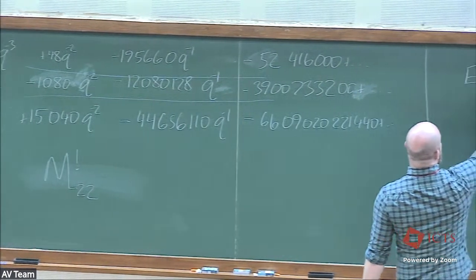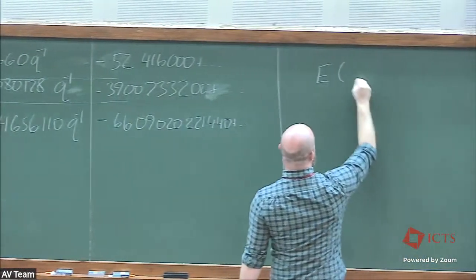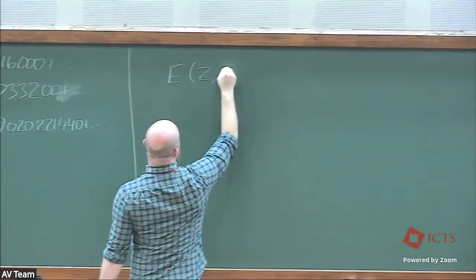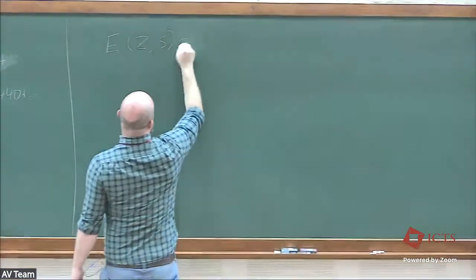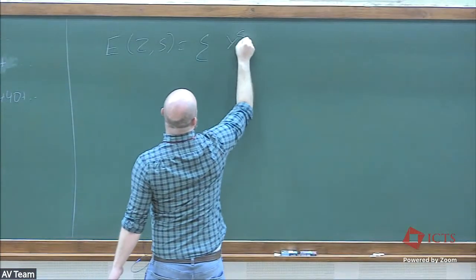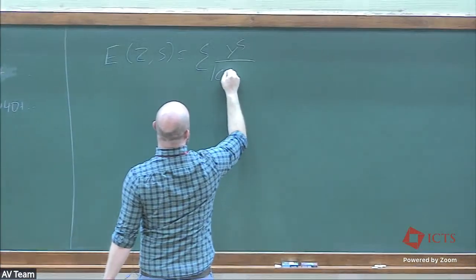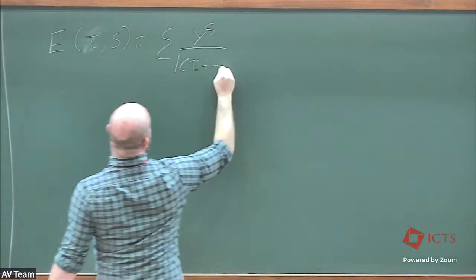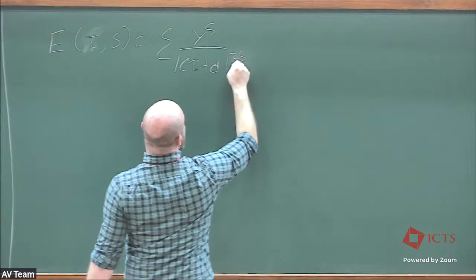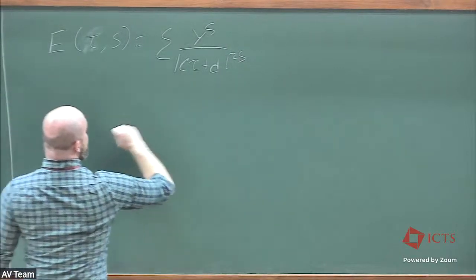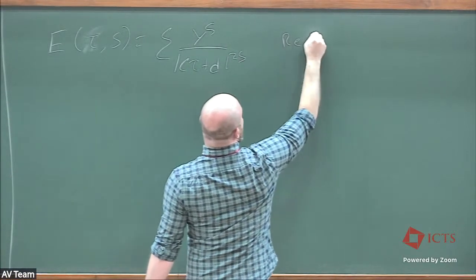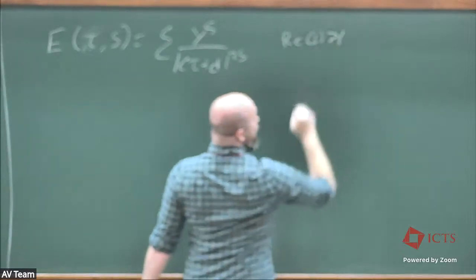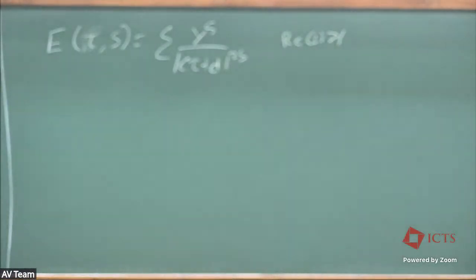Remember, we started with our invariant Eisenstein series, E(z,s), which was equal to the sum of y to the s divided by (c tau plus d) to the 2s, I'm using tau, not z. This converges at least for the real part of s bigger than 1, but we have an analytic continuation to everything except s equals 1.